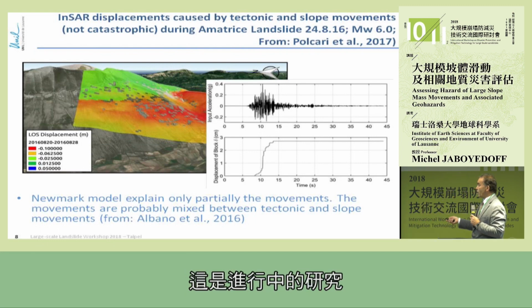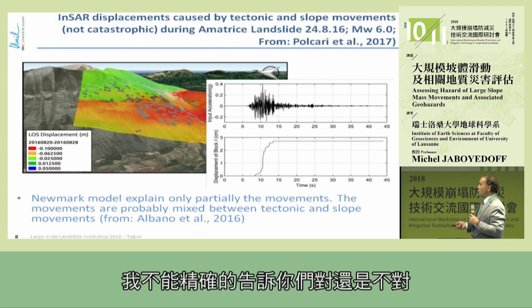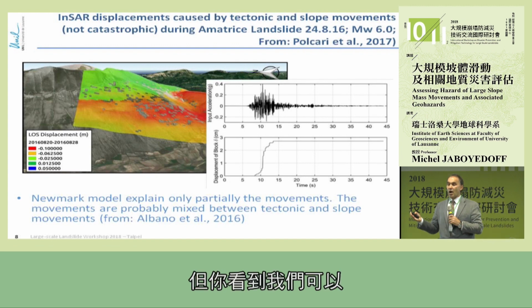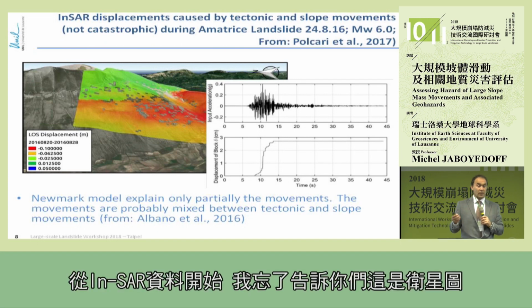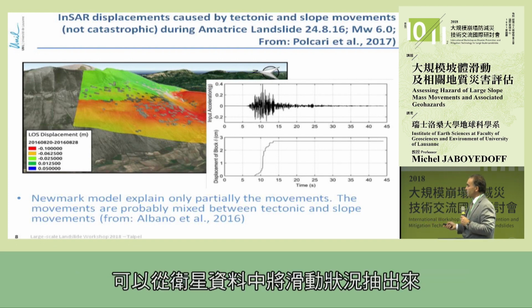This is ongoing work. I cannot tell you if it's right or not, but you see that now we can start with InSAR data, because I forgot to tell you that it is satellite data from which you can extract the movement.